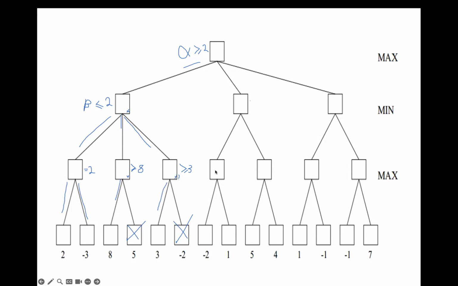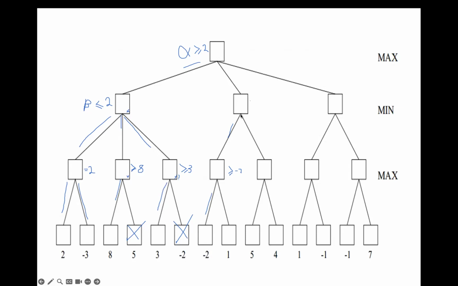Do we have anything here? No. Then when we get here, we check here. This is a negative 2. Okay, so let me just clean. So we are saying when we come here, we see a negative 2. So at this point, the value of alpha will be greater than or equal to minus 2.